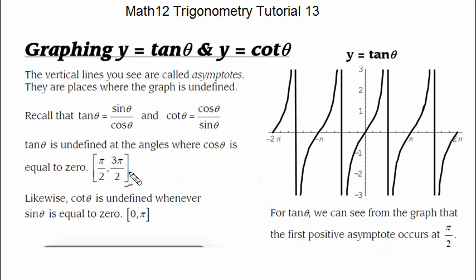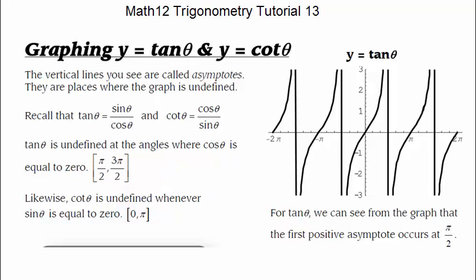Okay, let's summarize. The vertical asymptotes for the tangent function are pi over 2 and 3 pi over 2. So the distance between them is 1 pi, which is the period of the tangent function. For the cotangent function, the period is the same, 1 pi, and its vertical asymptotes will be 0 and then pi.